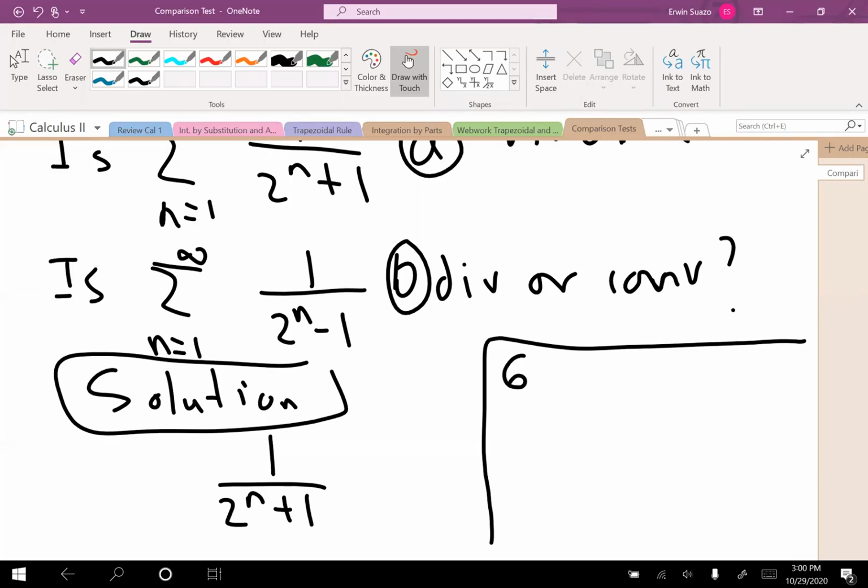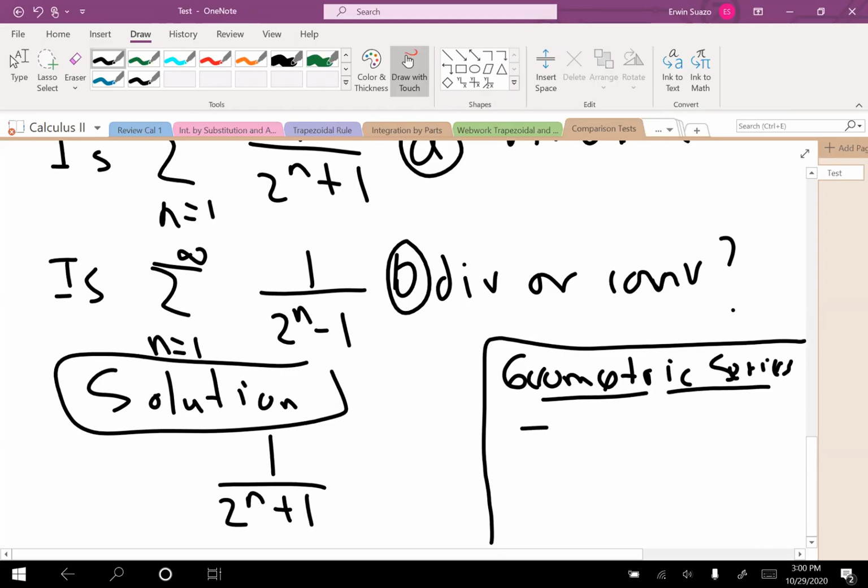You know the geometric series, right? That is something like the sum of a r^(n-1), n equals 1 to infinity. This is a really good one. What other series do you know?